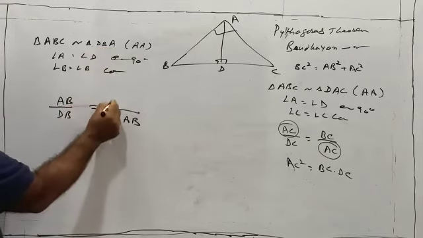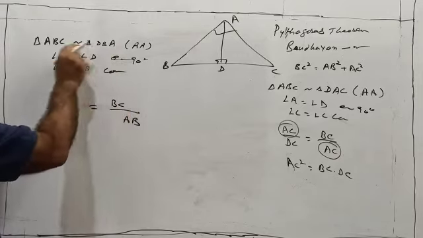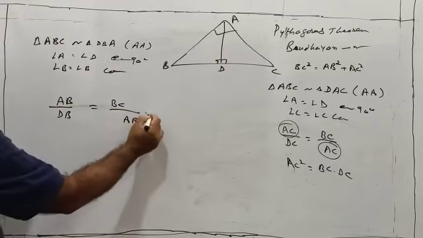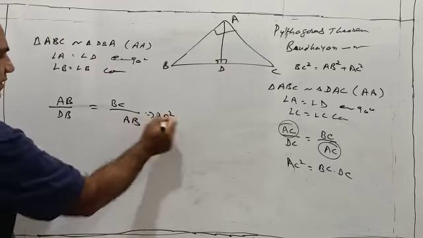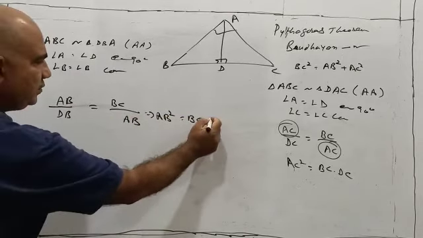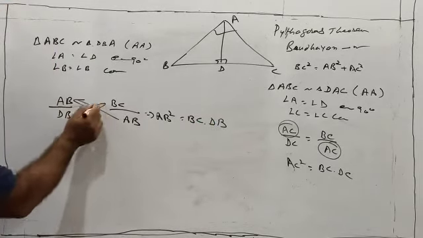So here I will have to write, because for AB the corresponding side in this triangle will be BC. Now if you see, this becomes AB square. AB square is equal to BC into DB, by cross multiplying them like this.